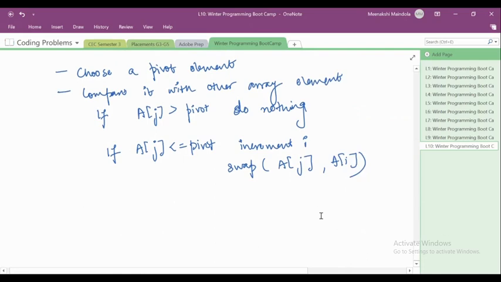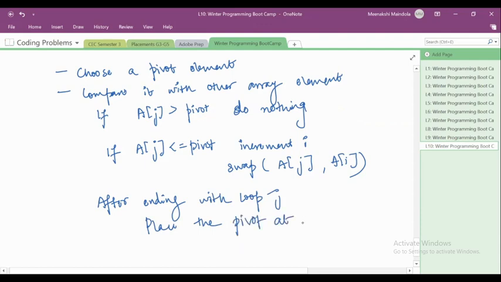And after ending the loop j, you can place the pivot at its correct position. So this is basically the algorithm that you are going to follow every time.